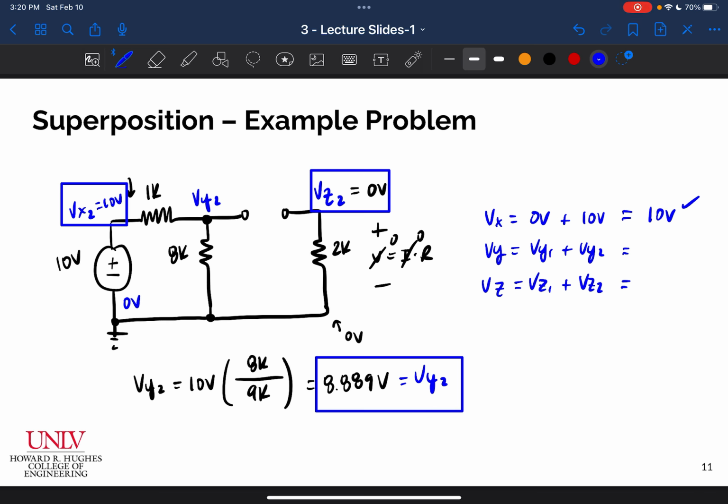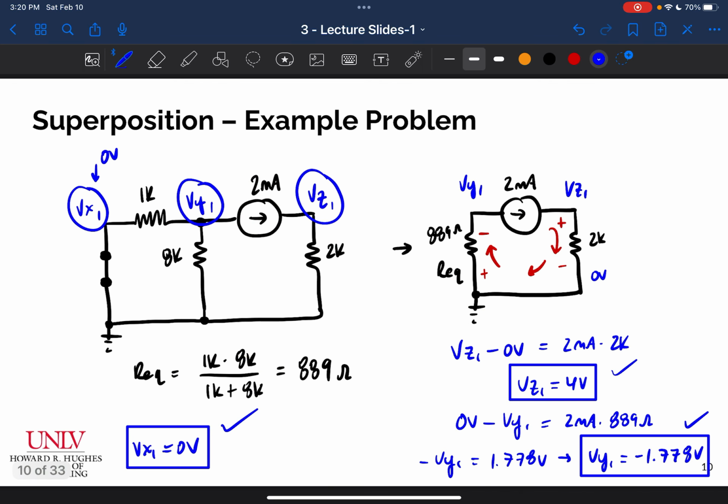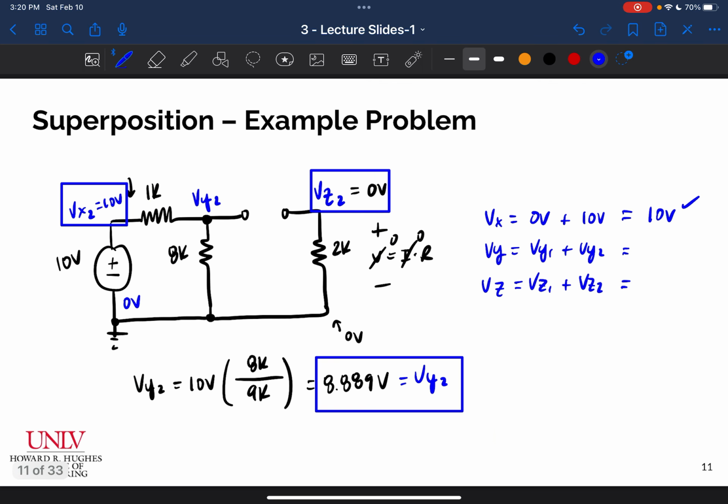I'm done with VX. VY, let's look at VY. So VY1 was negative 1.778 volts, negative 1.778, and then VY2 is 8.889. So let's go ahead and add those.